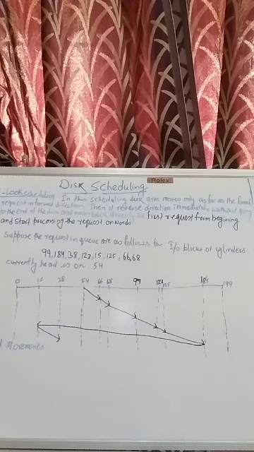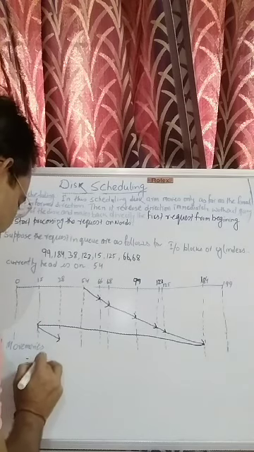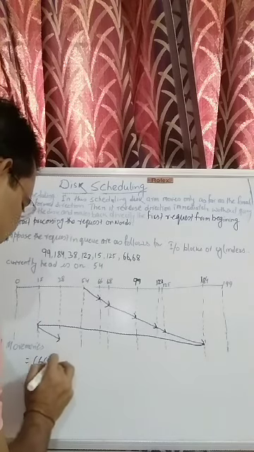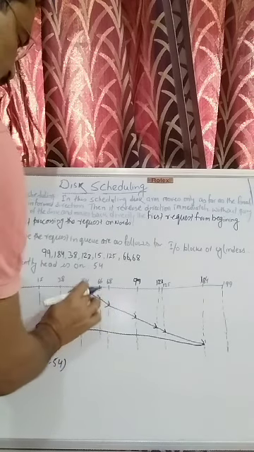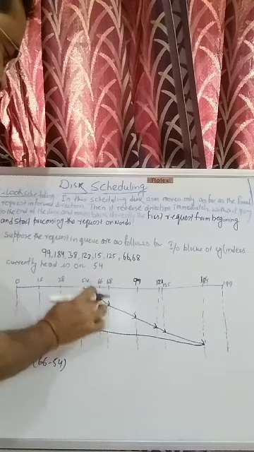So in this case, the head movements are 66 minus 54, this is the displacement from 54 to 66.